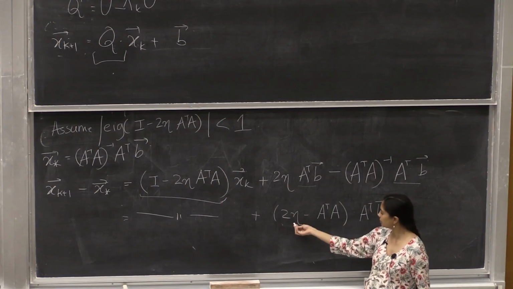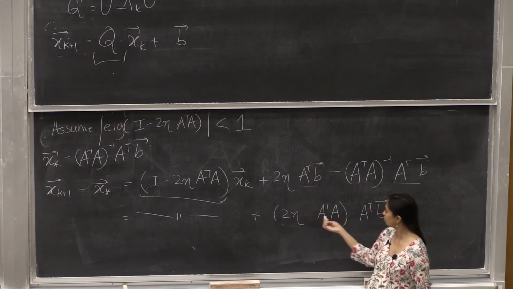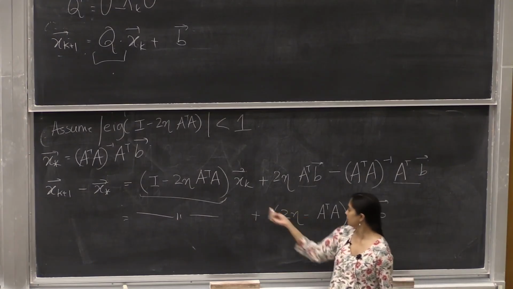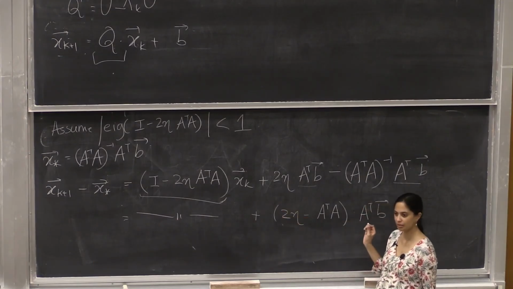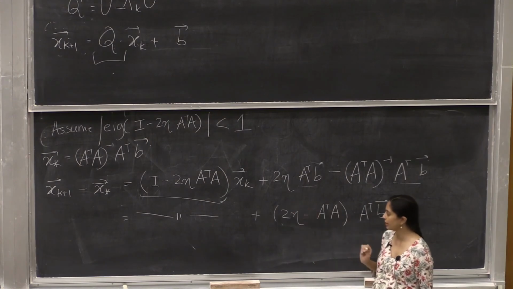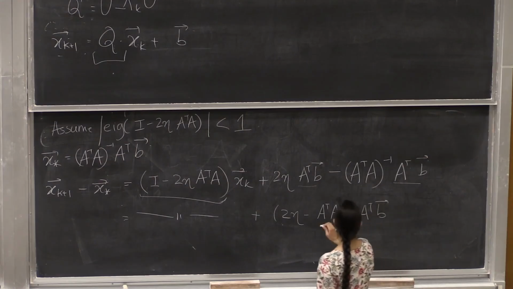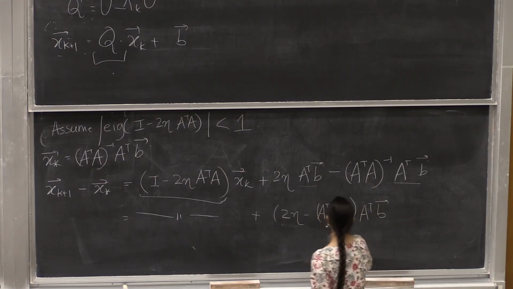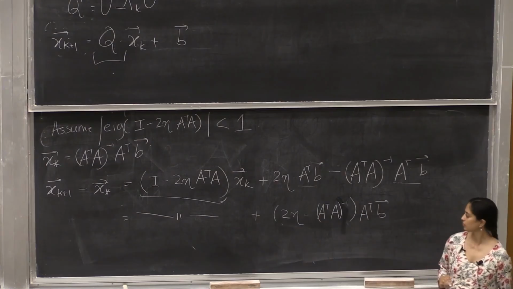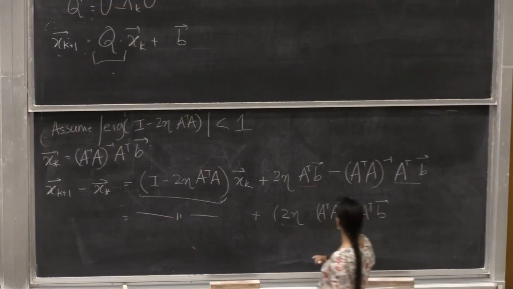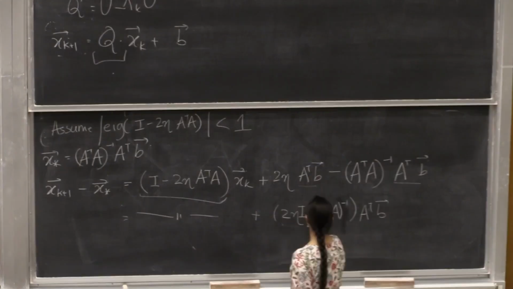Wouldn't it be so much nicer if I had something that looked kind of like this? Instead of 2 eta minus A transpose A, could I somehow make this look like that? Oh, sorry, this should be inverse, right? Yeah. And 2 eta should be multiplied by identity, correct. Thank you.